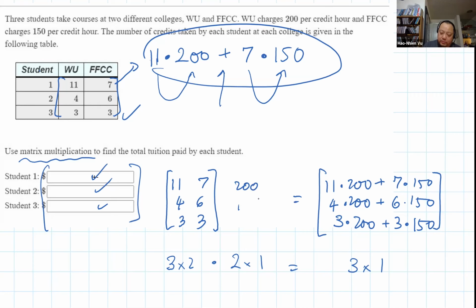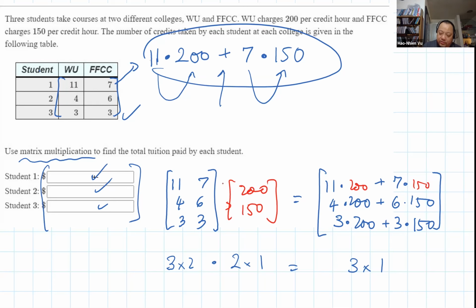$200, $150. Then yeah, look, that gets me what I need. So let me change colors so we can follow. If I change the 200 and 150 into red, then you can see that you want the 11 times 200 plus 7 times 150, which is what we want: 11 units of the expensive school and 7 units of the less expensive school.